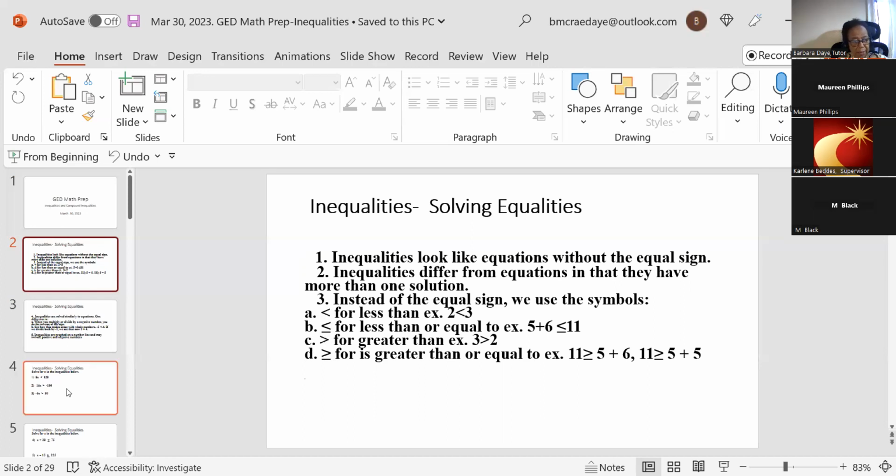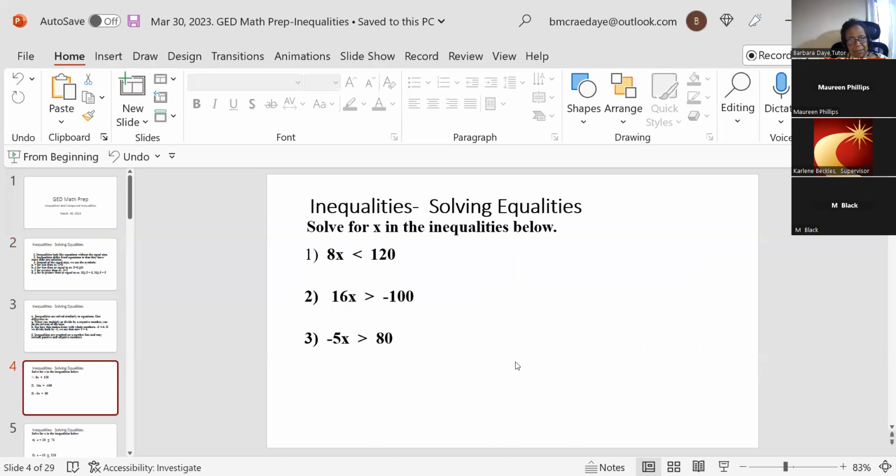Okay. Now, I want you to do these three and send them to me in the chat. Okay, let's see. 8x less than 120. 16x greater than minus 100. Minus 5x greater than 80.